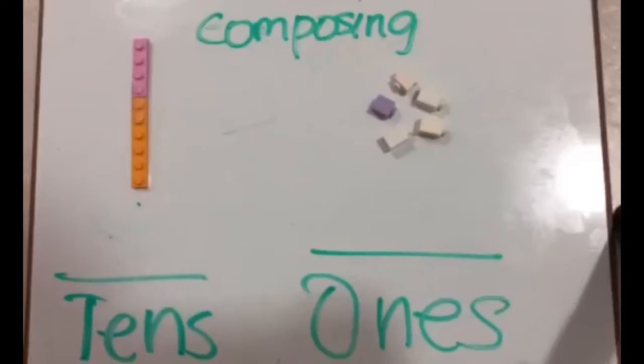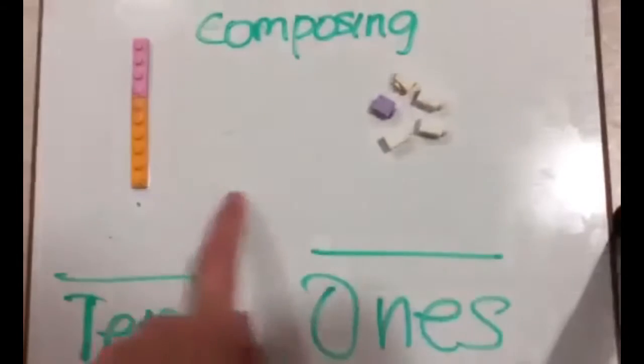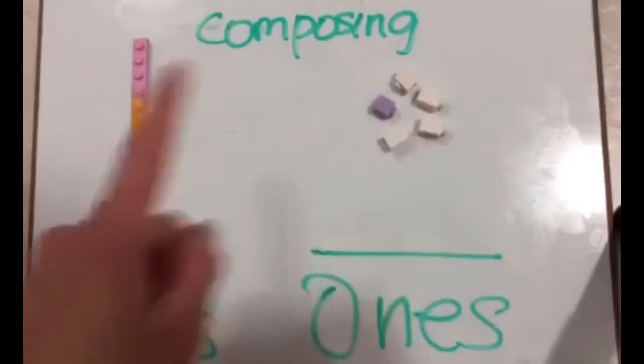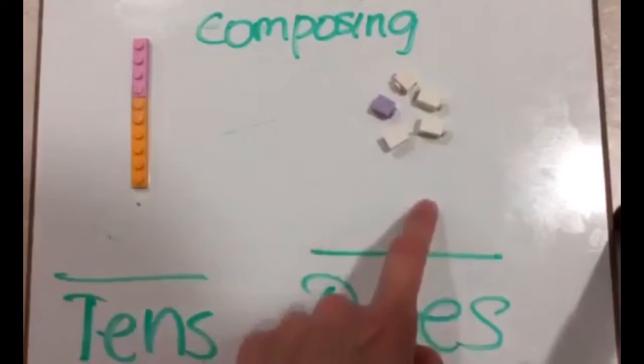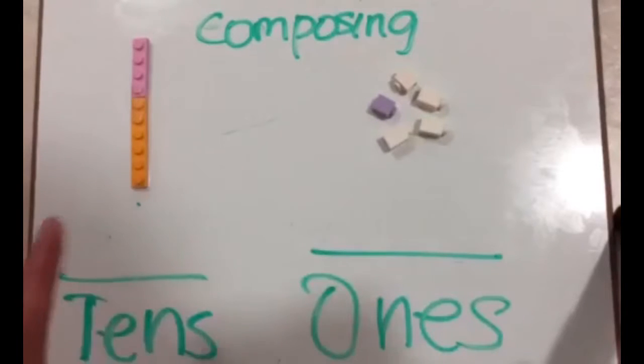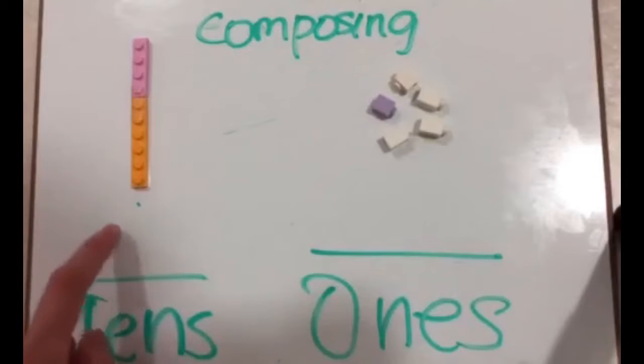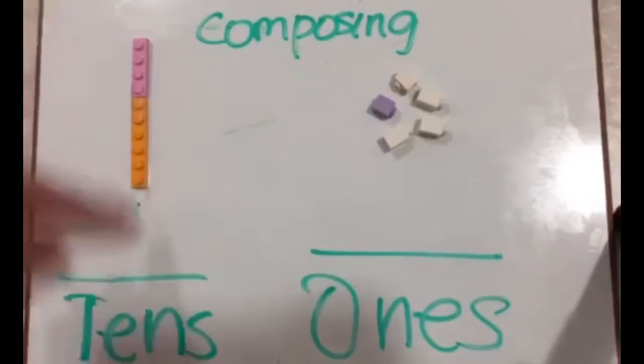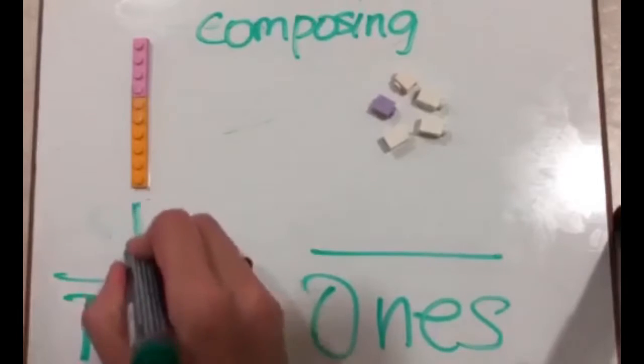Now, when we compose numbers, we start with our tens and ones. And we ask ourselves what number is composed of these tens and ones. So I can look at it and ask myself, how many tens and ones do we have on the board? Now we can start counting the tens. As you can see, we have one group of tens.